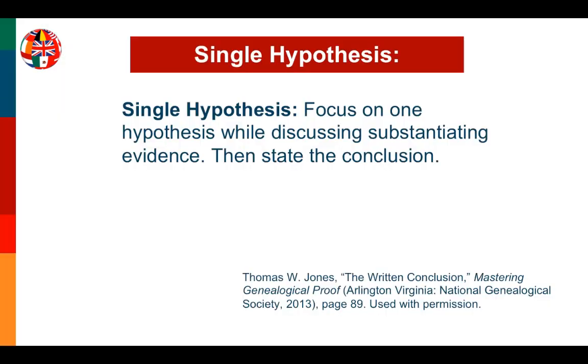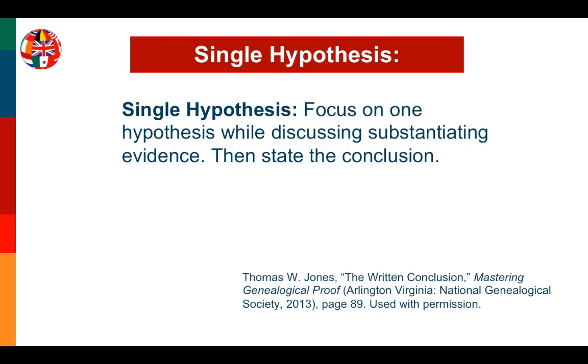The following ideas are used with the permission of Thomas W. Jones and can be found in his book entitled Mastering Genealogical Proof. The first technique is to use a single hypothesis. This is where the researcher focuses on one hypothesis while discussing substantiating evidence and then states the conclusion.